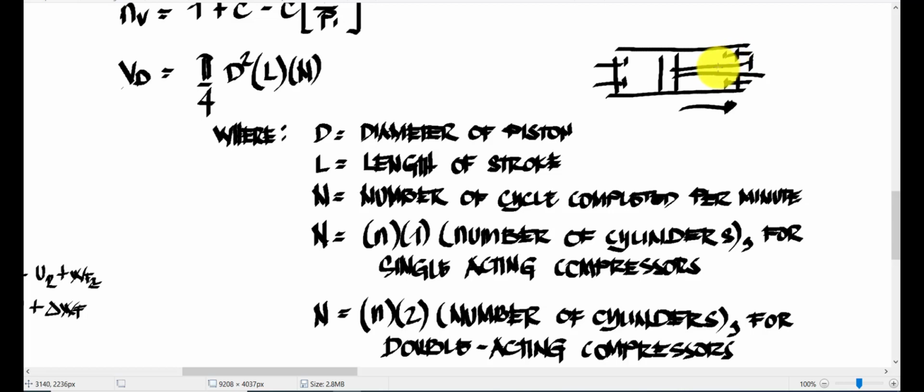That's why it is called double acting. You have the suction on this side and compression on this side, and during the compression on this side, you have the suction on the other side. It is simultaneous, working oppositely. That is the meaning of double acting compressors.